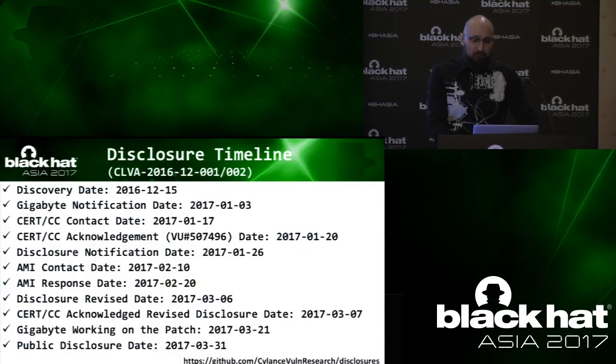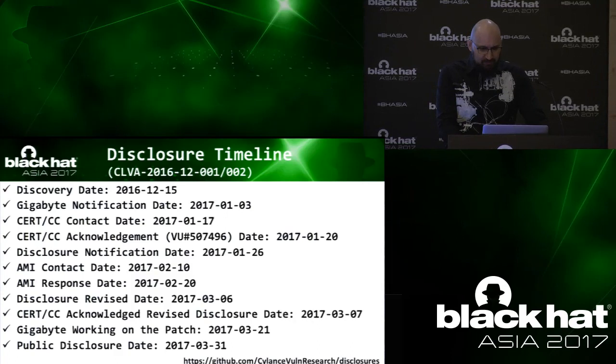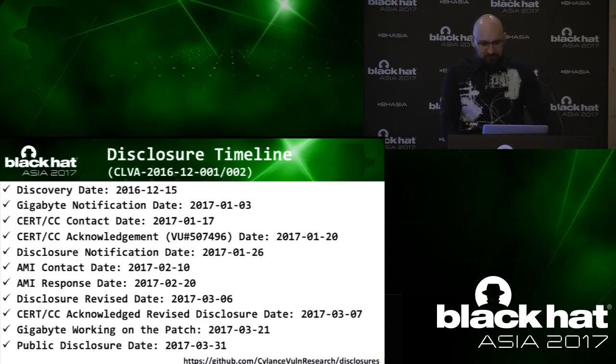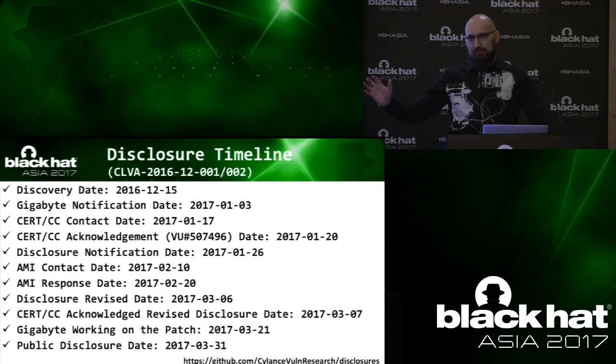Here is the timeline of discovery of the issues which we will discuss today. We started the discussion in December of 2016, and US-CERT was in the loop of the whole disclosure process, and we have an acknowledgement from them, 507496. Gigabyte's point is that it's not their issue, it's an American Megatrends issue.